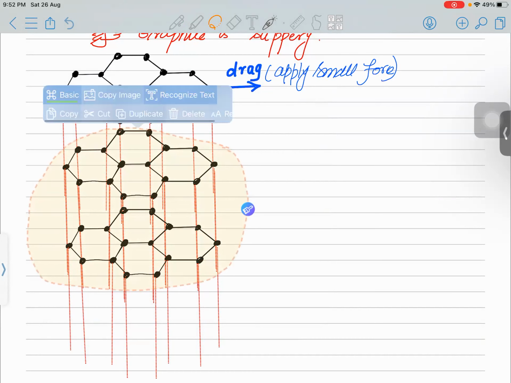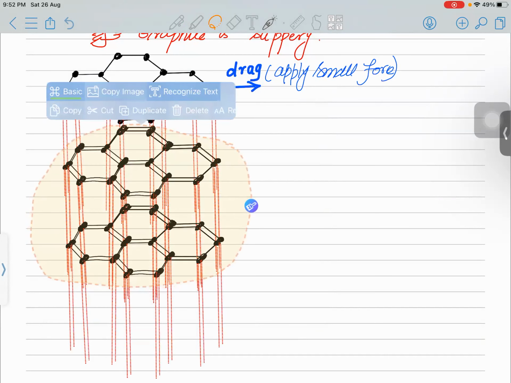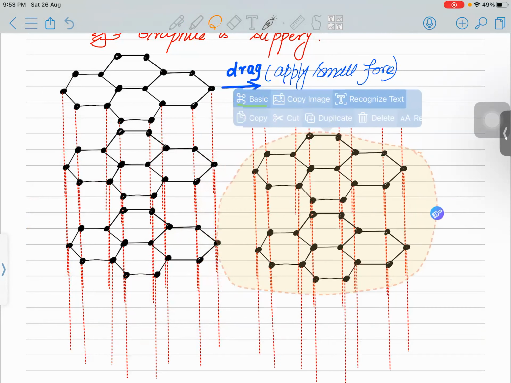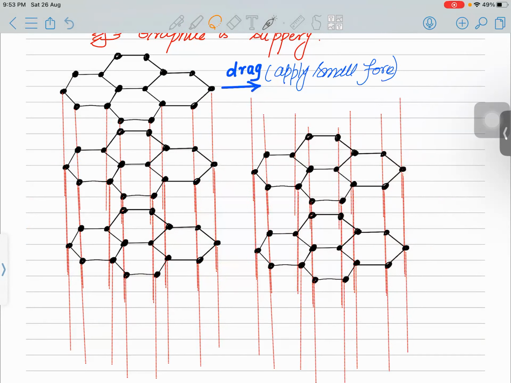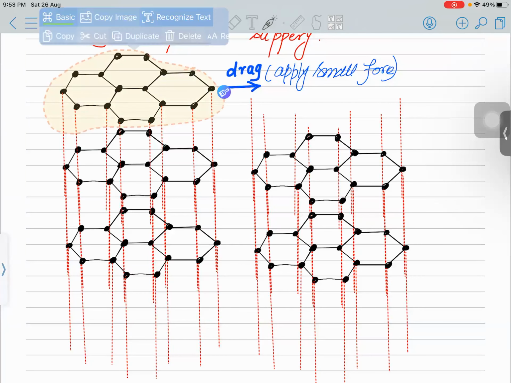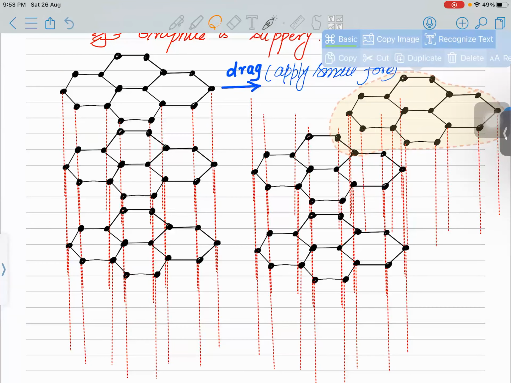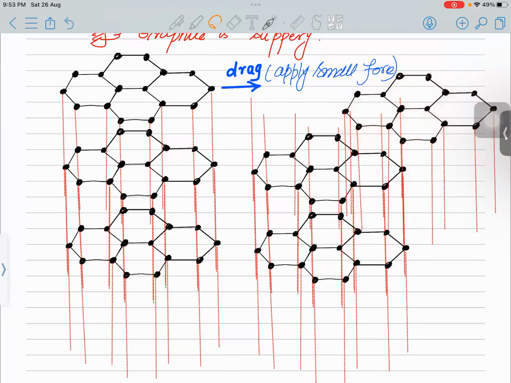The layers move forward. That's why graphite is so soft.